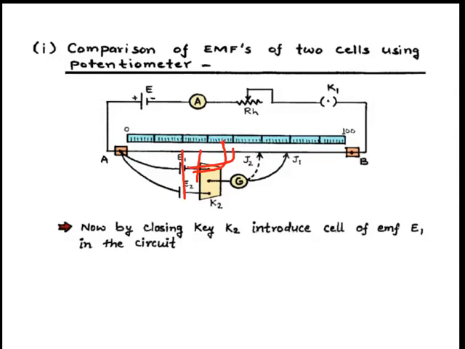So by finding the balance length, we are making the potential of the positive plate and the negative plate equal, and that is why current is not flowing, right children? So with the help of this null deflection, with the help of the balance length, we find out the EMF of the cell. Because when no current is drawn from the circuit, we get the EMF of the cell.